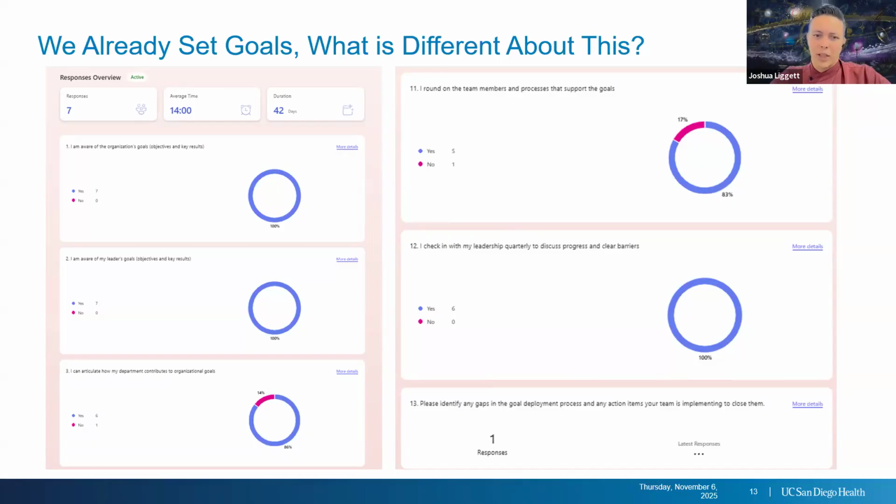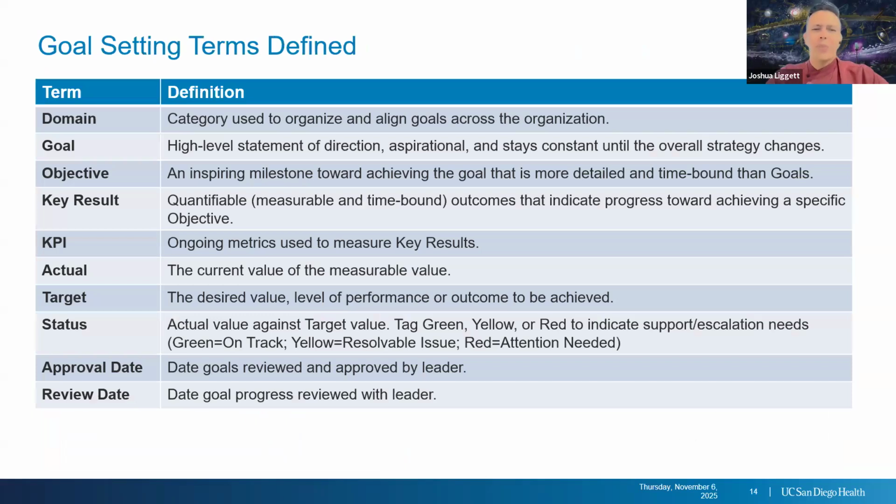And a couple other elements here. Just a couple of definitions for our purposes. The domains are the categories that we're used to. The goals are that high level statement of direction, so we would like to improve readmissions by this much. The objective is we would like to reduce them by 15% or some such.